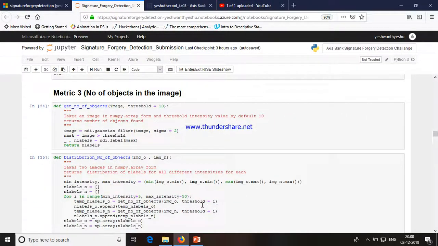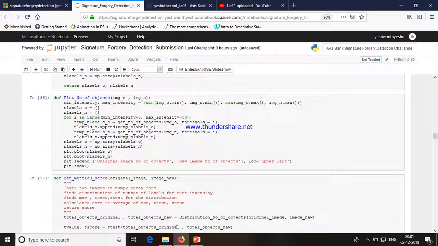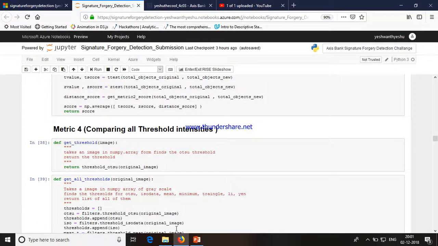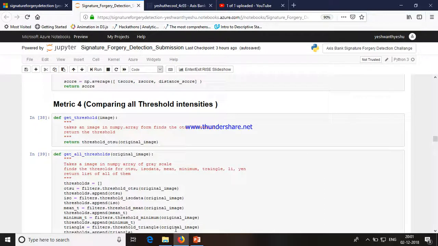And then we find out the number of objects in an image. For each different threshold intensity, we calculate the number of objects, make a distribution of that, and compare the distributions by using the z-test and the t-test. The next metric is comparing all the threshold intensities.